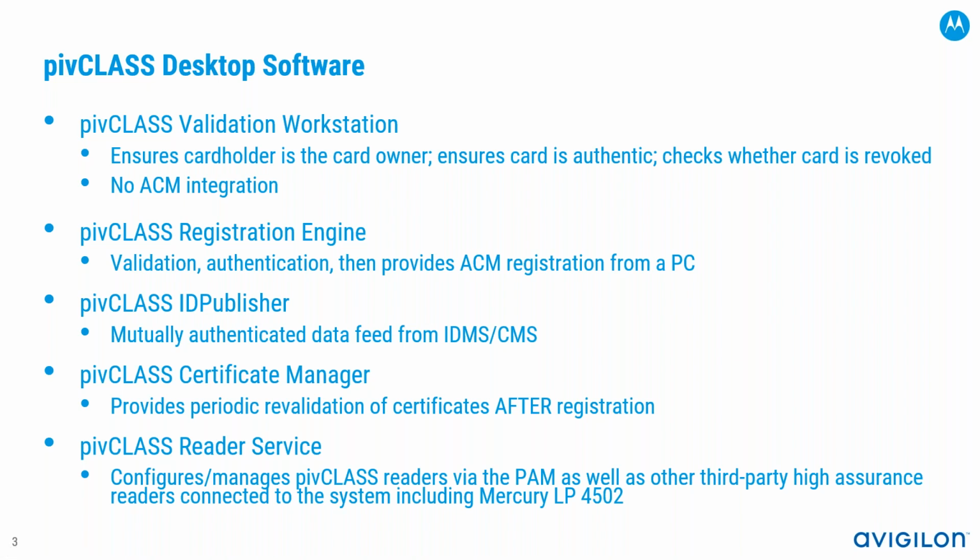So we're going to check that card and make sure that person is the rightful owner of that card and the card has not been revoked. It's still a valid card. Then the registration engine is the one who, after the card is validated and authentic, will send the card information, that person's information, into ACM. So it's going to push that in there.